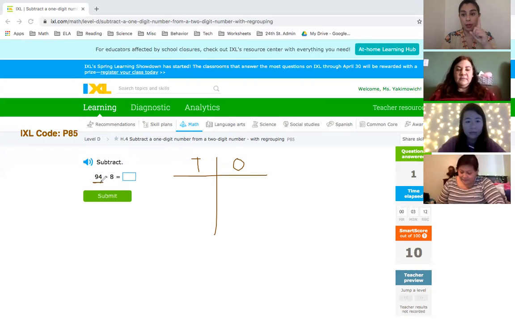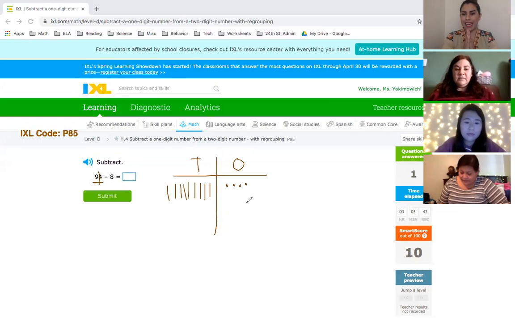That's the first number we see, our total, what the number is in our number sentence. So we need to separate this into 10s and 1s. So we have 9 10s, 1, 2, 3, 4, 5, 6, 7, 8, 9, okay? And then 4 1s, 1, 2, 3, 4.